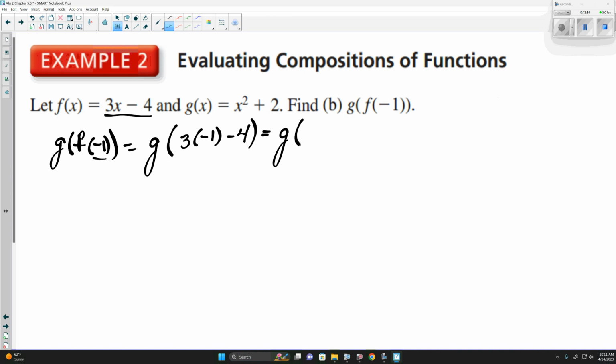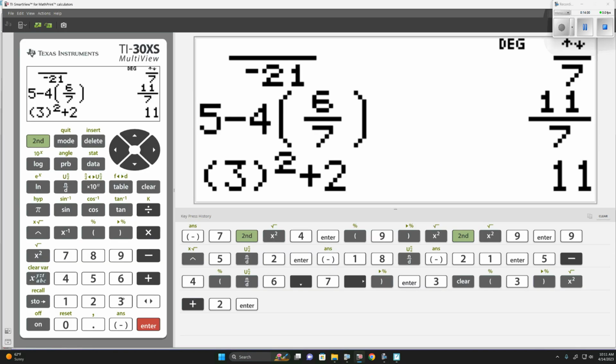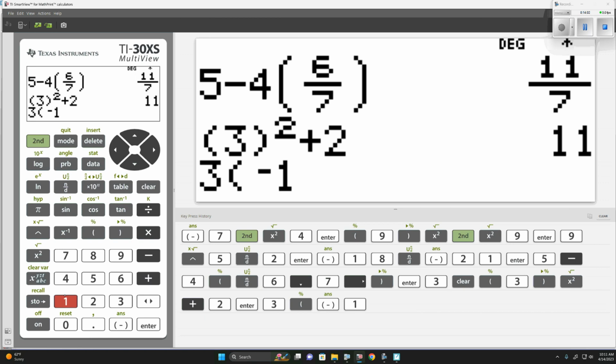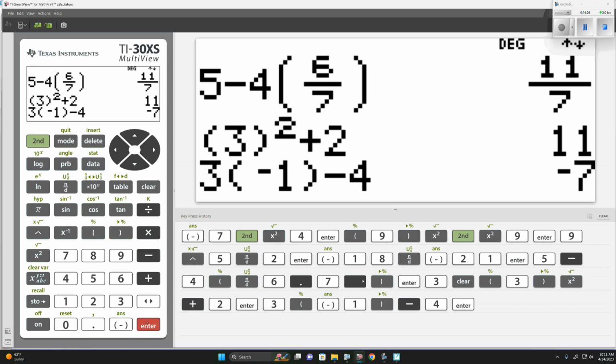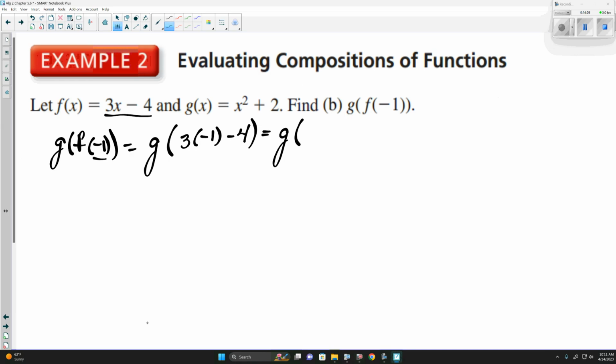Most likely at this point, you'd plug all this into the calculator and let it do it for you. So 3 times negative 1 minus 4 is negative 7. And again, now we're going to plug negative 7 into every x in g of x. So that'd be negative 7 squared plus 2.